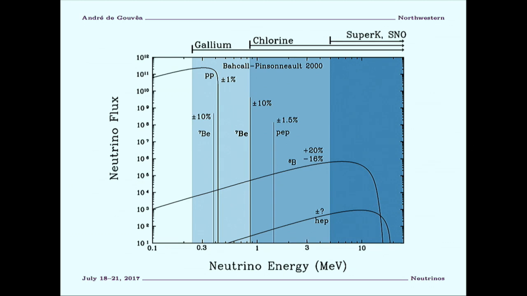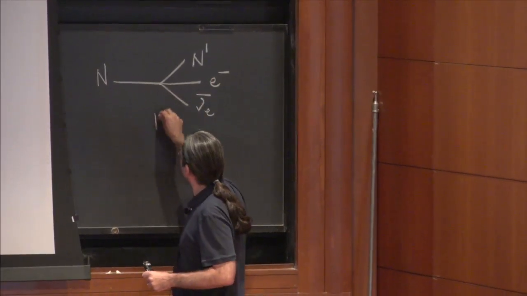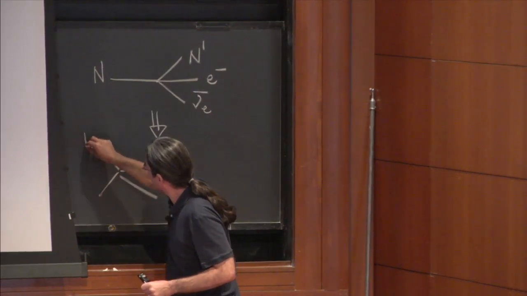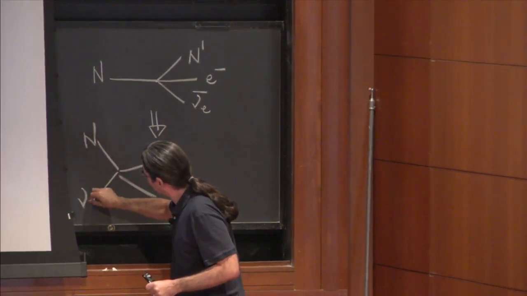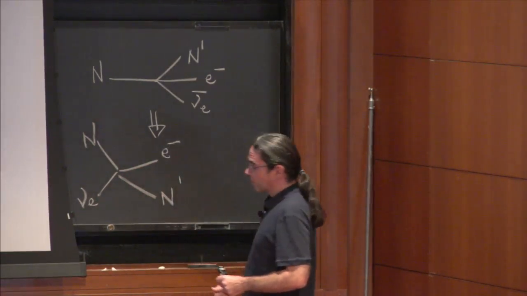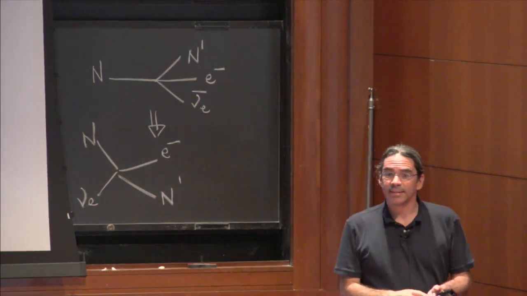If you flip the leg, which I can draw here. So this is normal beta decay. So I can do this reaction here. So it's a simple idea.